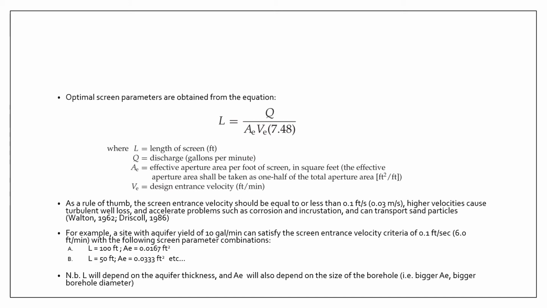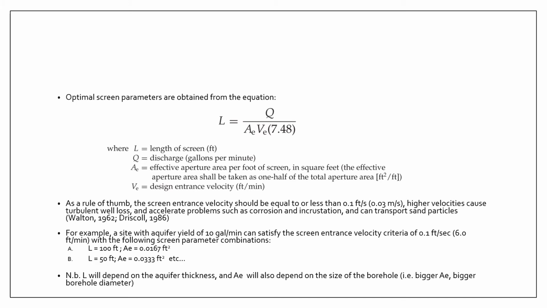Now, to actually properly obtain your optimal length of screen, as well as the area of the screen that is actually open, we typically optimize these parameters by ensuring that the entrance velocity of the groundwater at the screen is acceptably low.